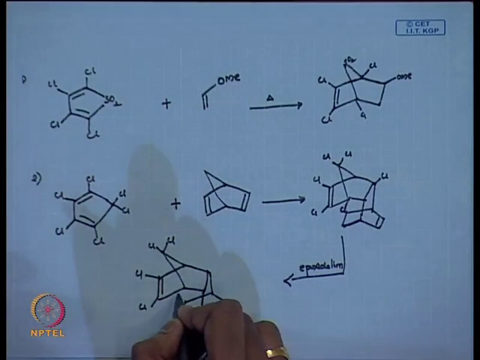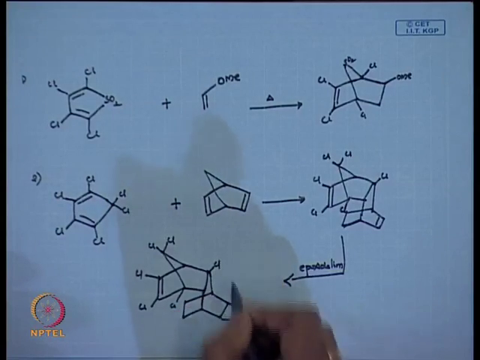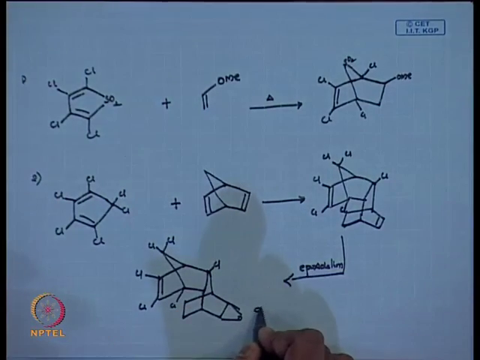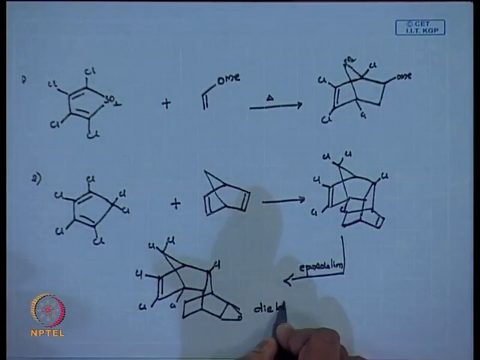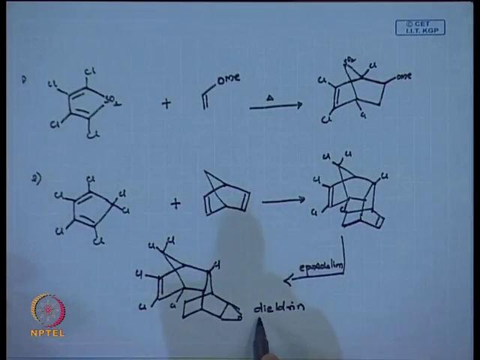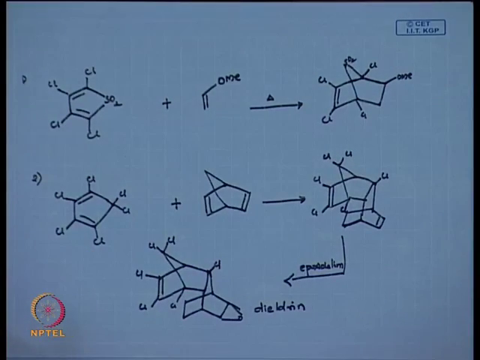Okay, so you get this product, and this is called Dieldrin, which is a good pesticide. So, using inverse electron demand chemistry, Diels-Alder reactions, you can do this type of Diels-Alder reactions. Fine.